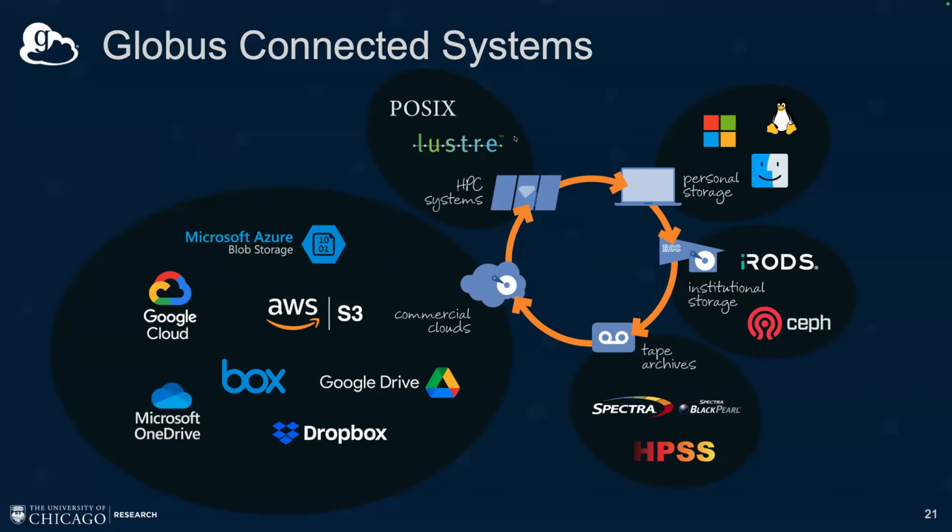That's free. The premium storage systems that I've listed here can come with your institution's subscription, and you can use those to connect to institutional types of storage, tape archives, these commercial clouds I mentioned. Also free is if you want to connect Globus to any of your personal storage, for example a laptop running Windows, Linux, or Mac.